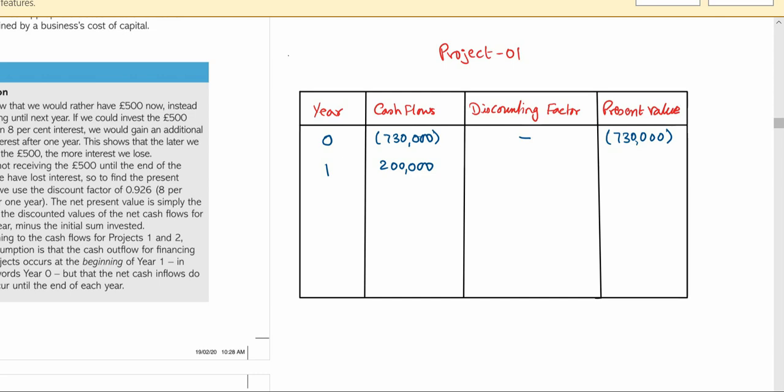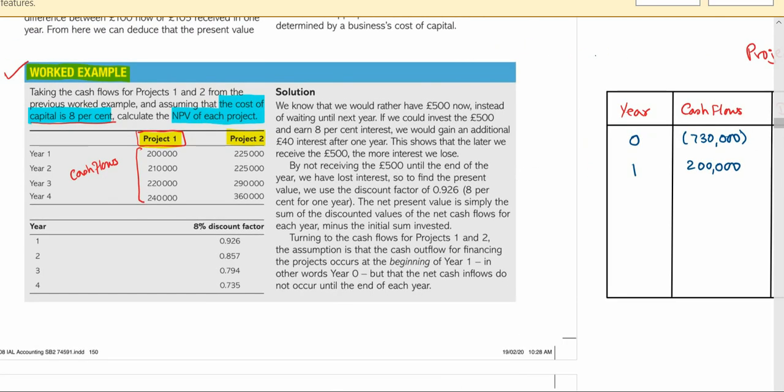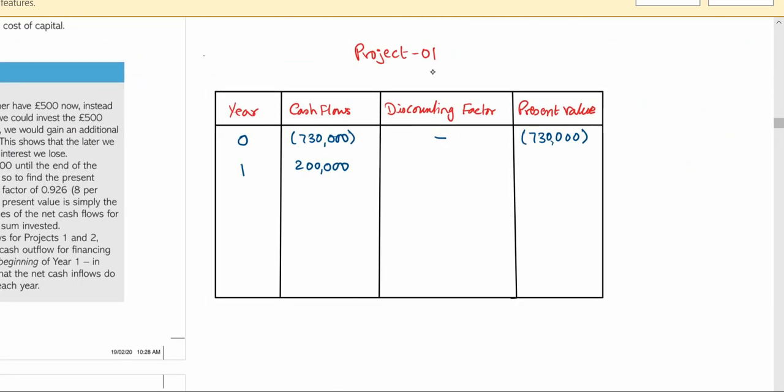The discounting factor is 8% per annum. So 1 plus 0.08 raised to the power minus 1. This is the discounting factor. When we multiply cash flows with the discounting factor, we get the present value. So 200,000 into 1.08 raised to the power minus 1.